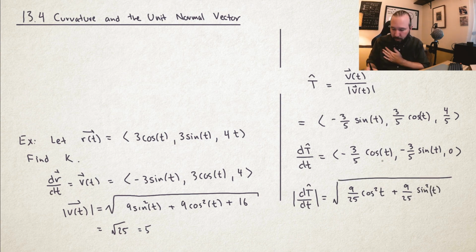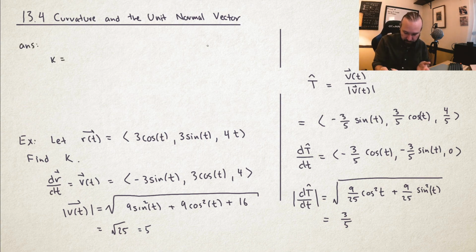Okay, so one more magnitude Pythagorean theorem formula, and here I have the magnitude of d big T d little t. You can see, again, because of all the beauty in this problem, I can factor out a 9 over 25, so this will actually just be 3 over 5. Okay. All right, so here's the final answer.